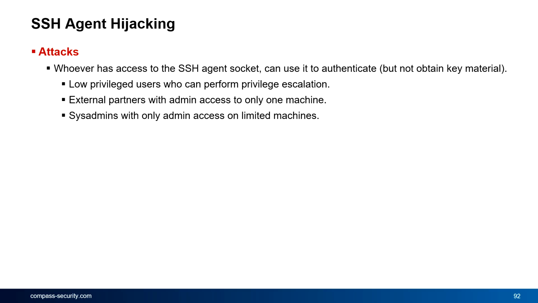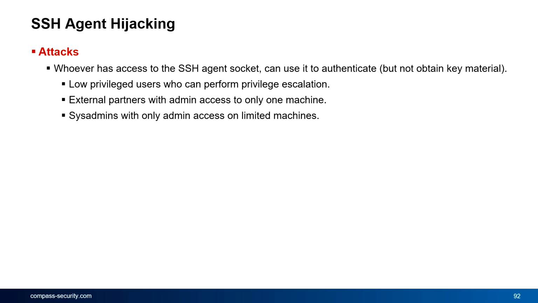Now the question is, who has such elevated access on a system where an SSH agent socket is available? This could, for example, be a low privileged user that managed to escalate their privileges by maybe abusing an old kernel vulnerability because it's not a patched system, or some sudo misconfigurations. Or maybe you have an external partner that has admin access only on one machine and not on all the other machines in the network.